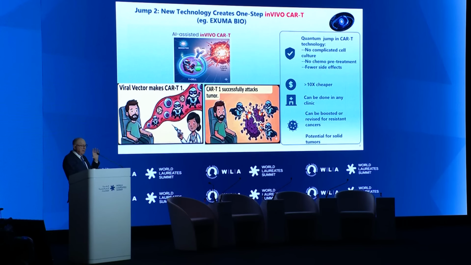They work very hard given that they work in West Palm Beach. They've developed a kind of vector, a viral vector that they can use to target the T cells. They inject the vector directly into the patient. The vector binds to and puts the CAR machinery inside the T cell.